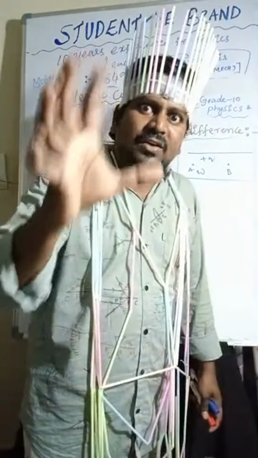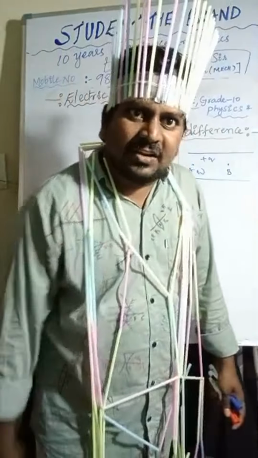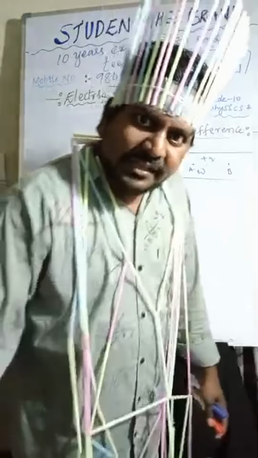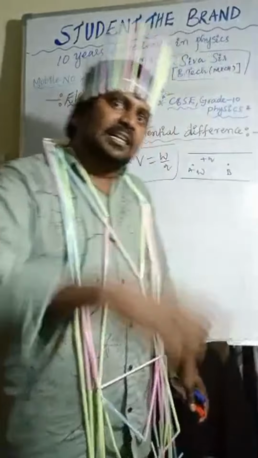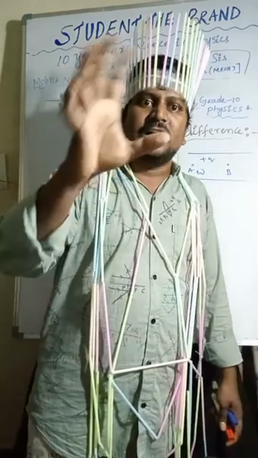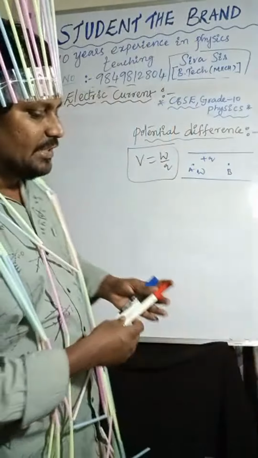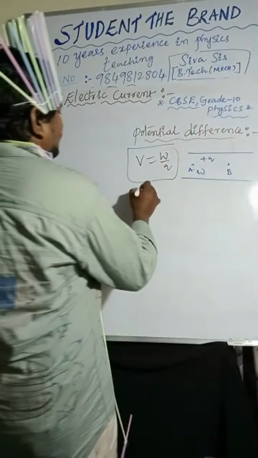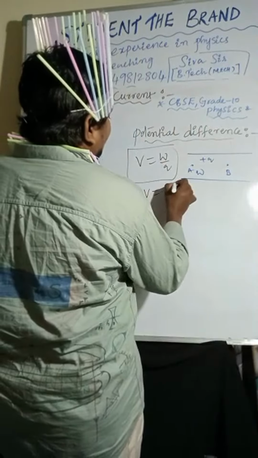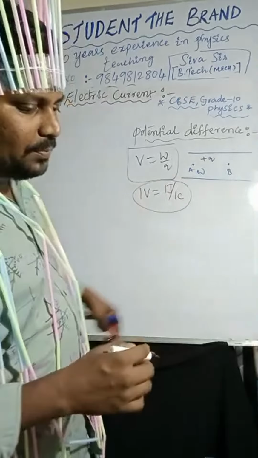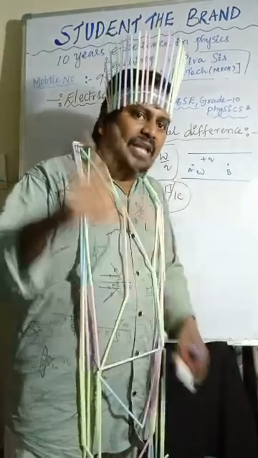SI unit of work is joule. SI unit of charge is coulomb. 1 volt is defined as 1 joule of work done to bring 1 coulomb of charge from one point to another point within the conductor.